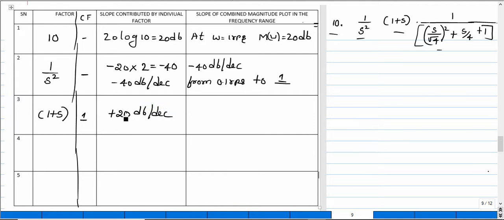And here the combined slope, minus 40 plus 20, will yield minus 20 dB per decade.